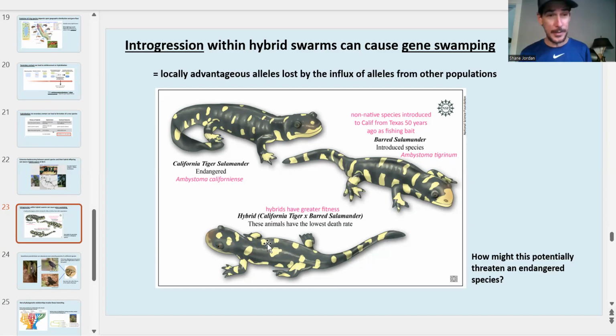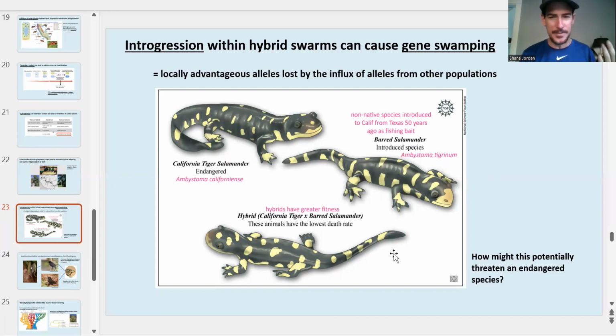These hybrid offspring have become very prevalent in the environment, to the point where they are outcompeting the endangered parent species, the California tiger salamander. This might potentially threaten this endangered species because the genome of the California tiger salamander, the full complement of genes that make up the genome of this native salamander, is being contaminated, if you will, by the genome of the Texas barred salamander.